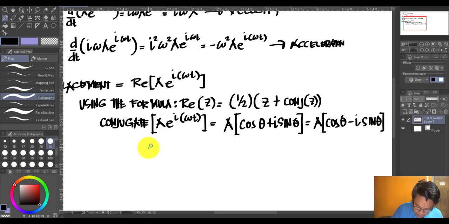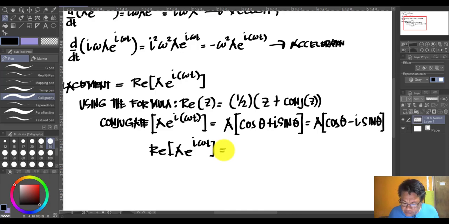Then for the real part, we have Re. So again, we rewrite our equation here, angular velocity times time.